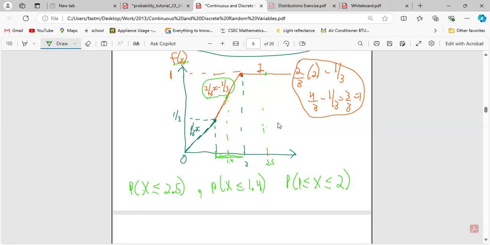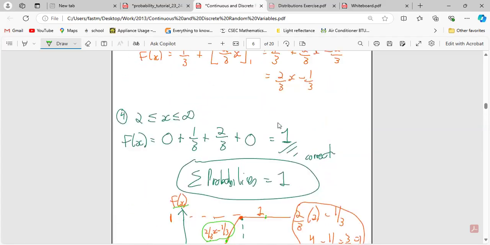Something cool you can do is subtract this area from 1 and you get the answer. Remember, this plateau is 1. And there are multiple ways you can use this graph, because remember, it gives you the probability that x is less than or equal to any value once it's in the range.